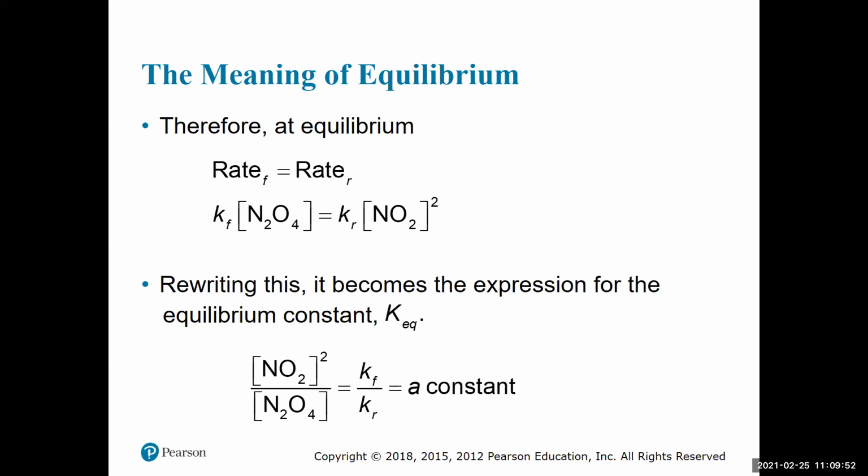And so now we're going to combine those two rate constants and define it as another constant, the equilibrium constant. So we get the equilibrium constant, this Keq, you'll see it written some other ways too, equals that ratio that we have there.